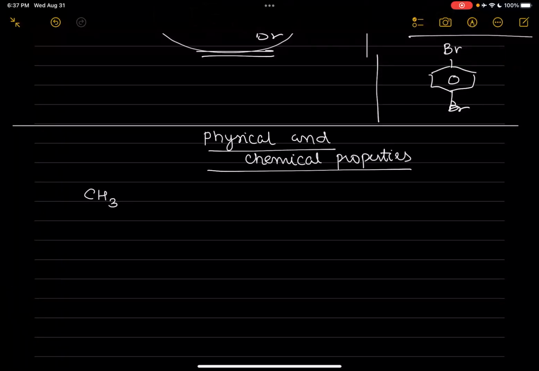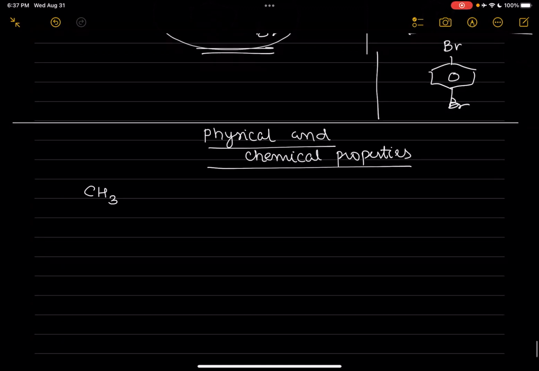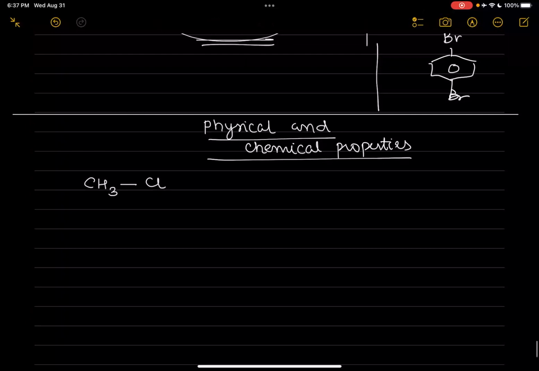Suppose the smallest alkyl group on which the halogen is attached is CH3, which you get from methane, and you react it with chlorine or bromine. With that you get CH3Cl or CH3Br or CH3F. That's the smallest alkyl halide. In order to discuss the physical and the chemical properties, you need to understand what type of bond they are having.